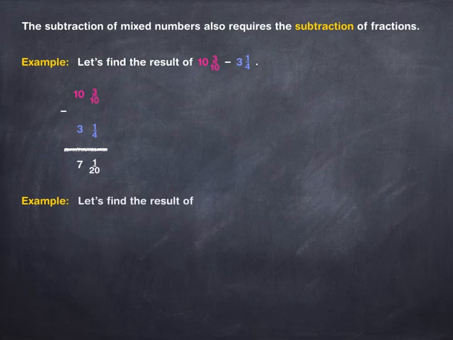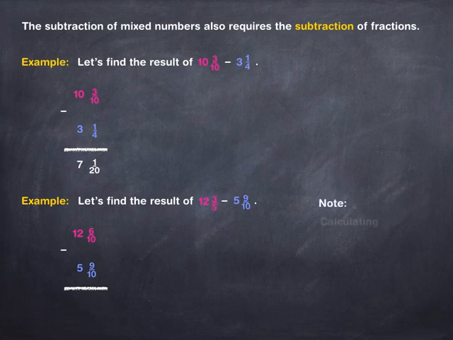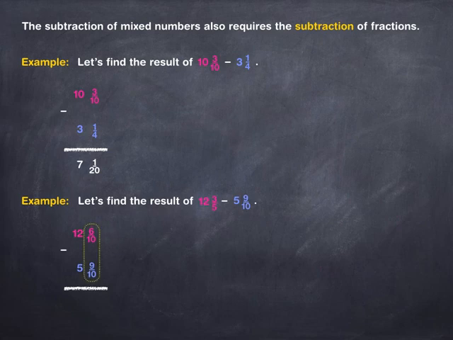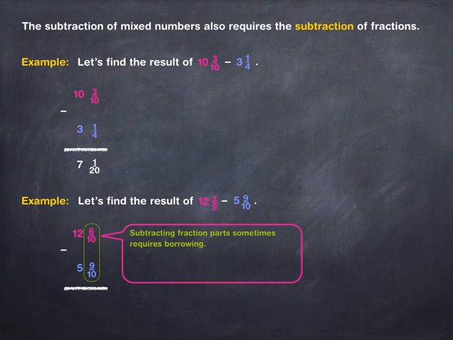Second example. Let's find the result of 12 3/5 minus 5 9/10. 12 6/10 minus 5 9/10. Note: calculating 12 3/5 minus 5 9/10 is the same thing as calculating 12 6/10 minus 5 9/10. Subtracting fraction parts sometimes requires borrowing.